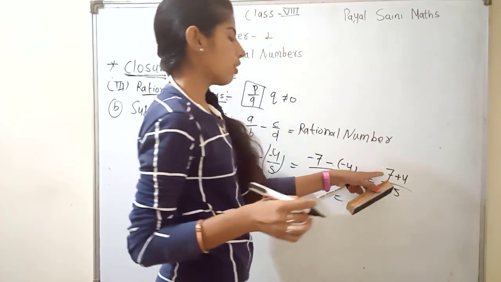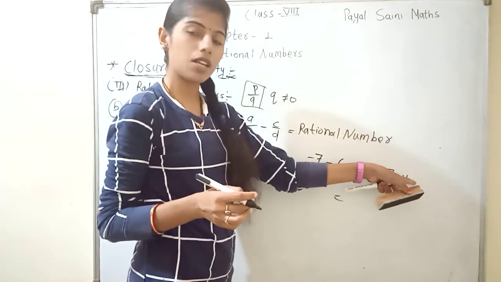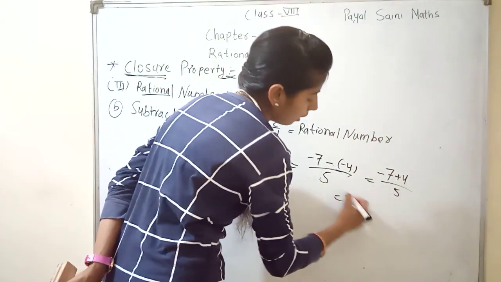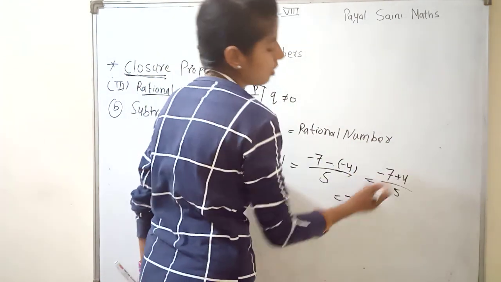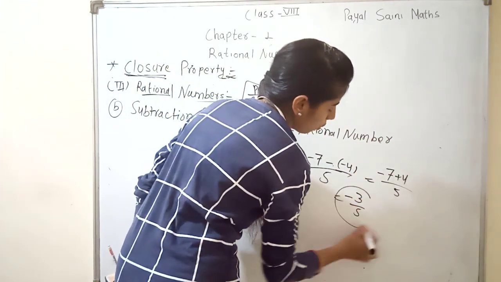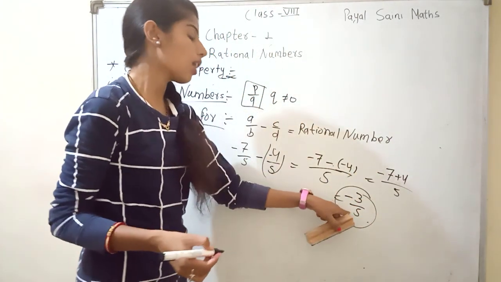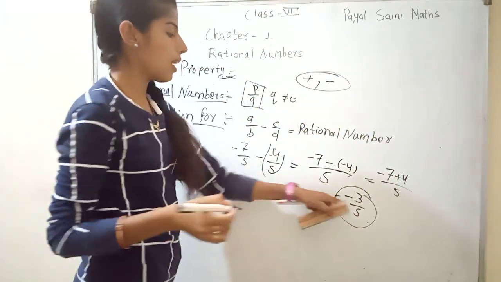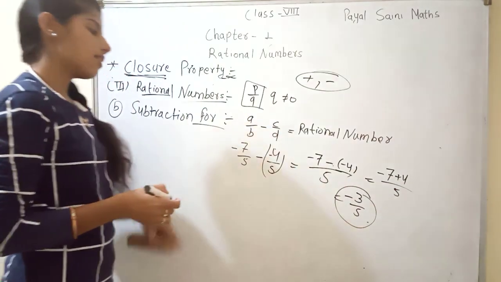Then minus 7: the minus number is greater than the plus number, so our answer should be in minus. Minus 7 plus 4 is minus 3 by 5. You can see here minus 3 by 5, and we know that rational numbers can be positive and negative. So minus 3 by 5 is also a rational number.